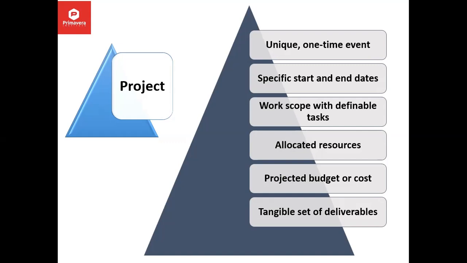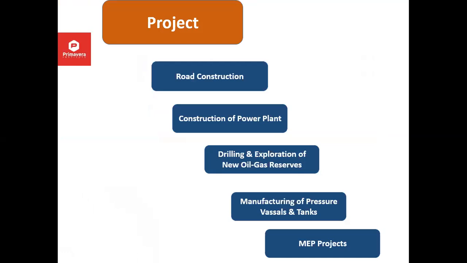Then you have to define the deliverables, the work scope, then resources, then cost, and then tangible, meaning things you can touch, as the deliverables of the output. Okay, so this is the definition of a project.